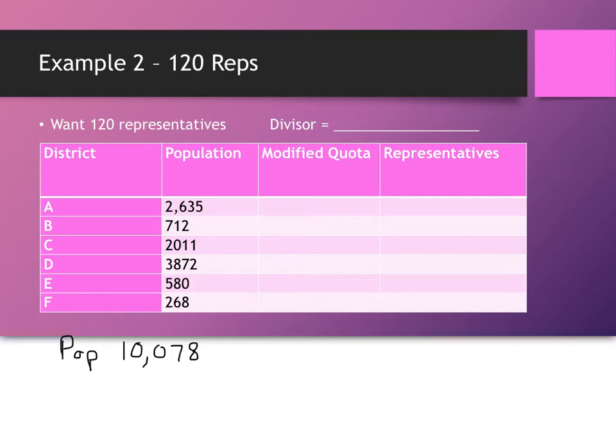So my standard divisor is about 83.983. Okay, so I want you to come up with a divisor that gets us to 120 representatives using Jefferson's method. And I want you to, on your own, trial and error this until you get the right thing.